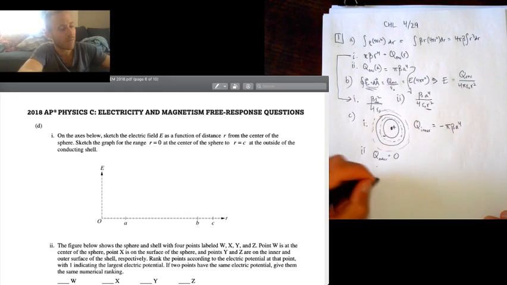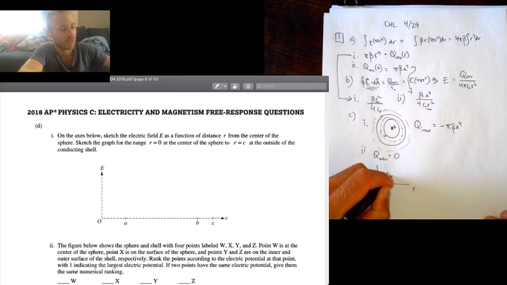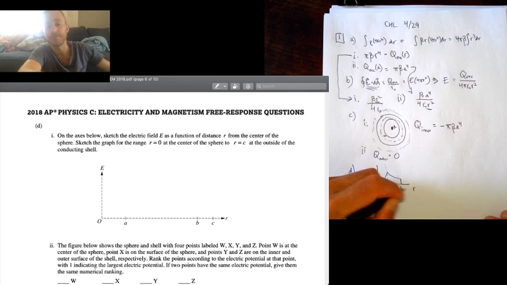So when we graph that, it's going to be r squared, which looks like a parabola, then it's going to look like 1 over r squared, which looks like this, and then it's going to drop to 0. So this would be A, B, C.